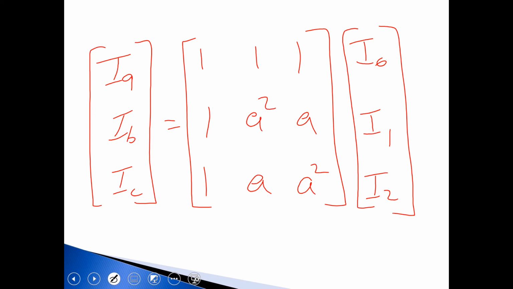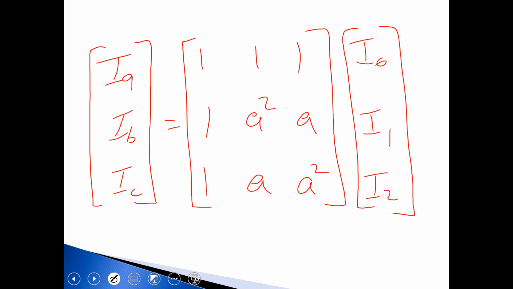So we know, as we said before, I1 is equal to I2 is equal to I0. So we just put that value in and find IA, IB, and IC.